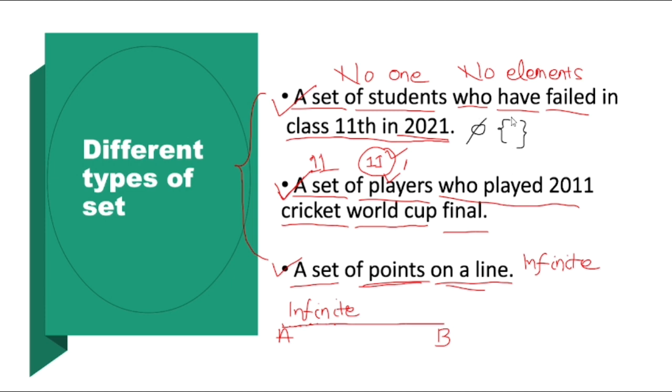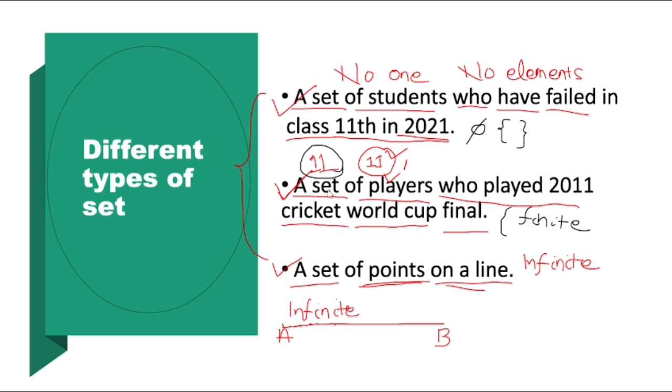This is an empty set. And the second set is a finite set, because it has 11 elements, and the number of elements of a set is known as what? Cardinal number.